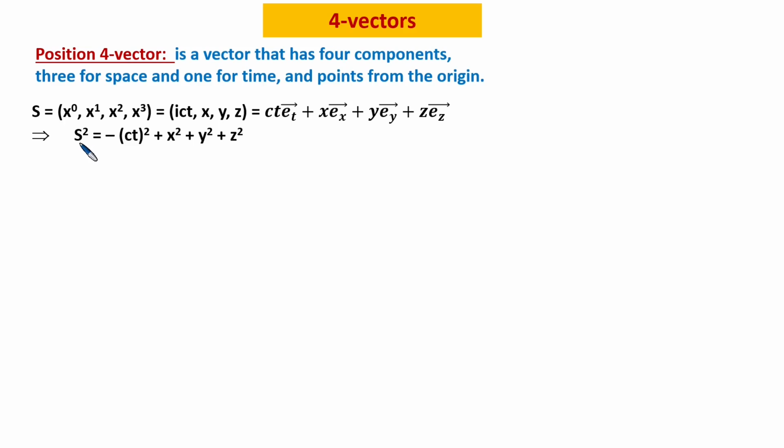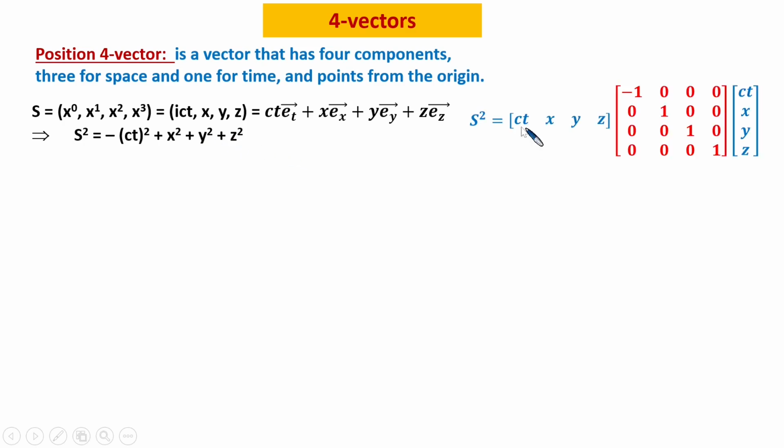And this et is like this i here, and this distance or separation s square, in our Euclidean Pythagorean way, we write s is equal to square root of x square plus y square plus z square for a given vector. But here we have this imaginary thing, so I write i square becomes minus, so this is minus ct square plus x square plus y square plus z square. So I can write this s square as et x y z, and this is the matrix.